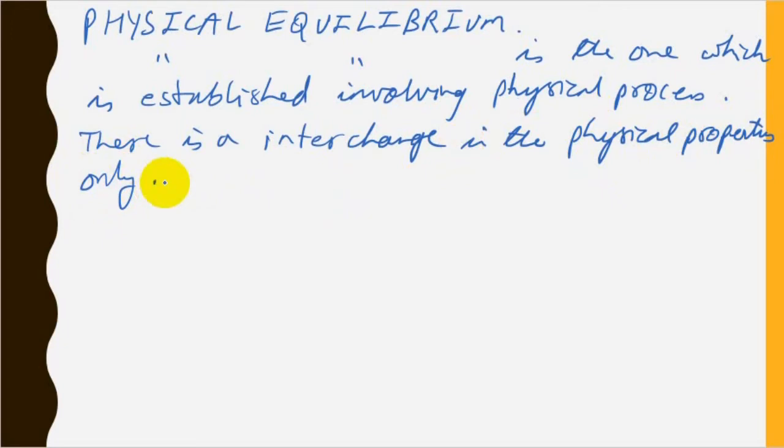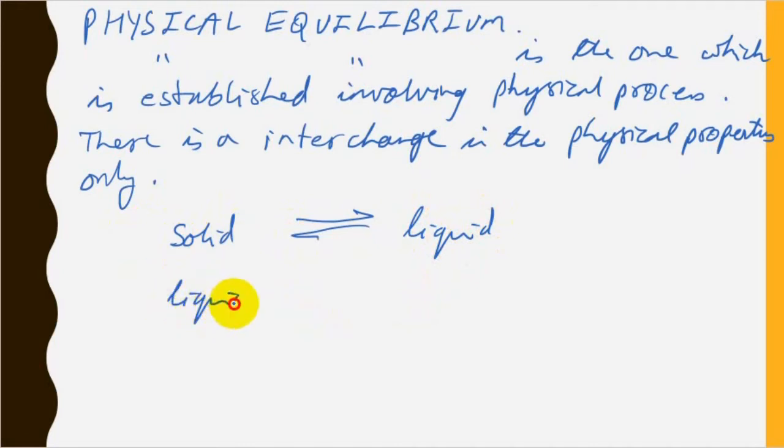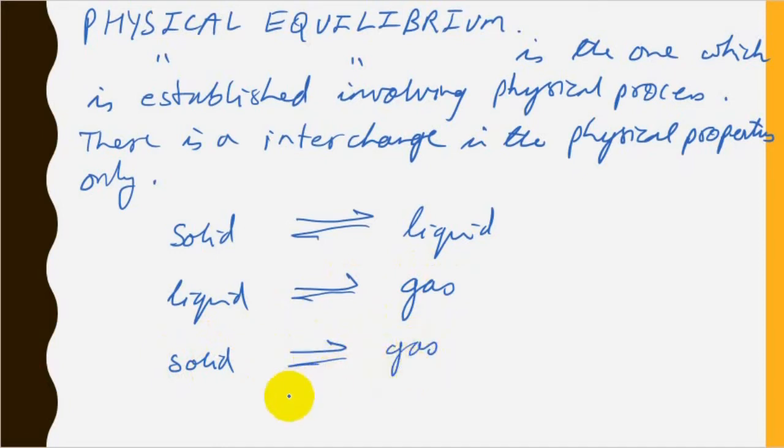Okay, so since we talk about physical changes, the changes which we will be studying, that will be solid can be converted into liquid. So this can establish equilibrium. We can have liquid converted into a gas, and solid can also be converted into gas directly without going into liquid.